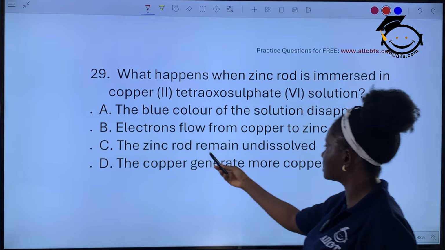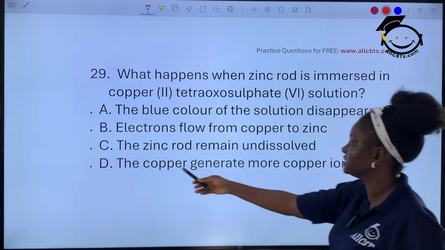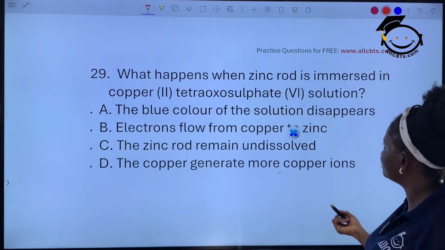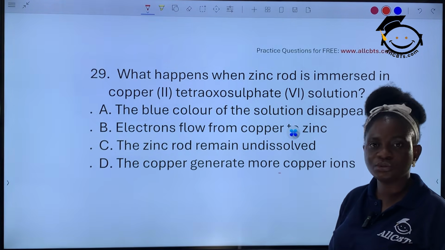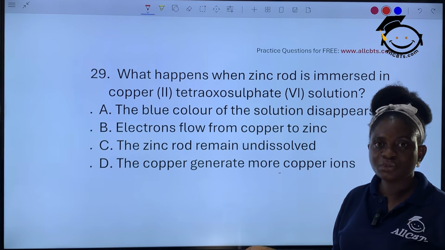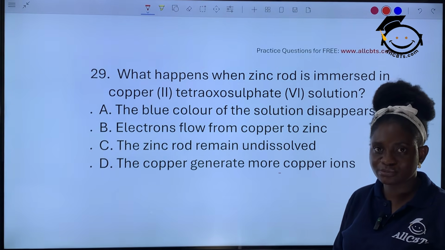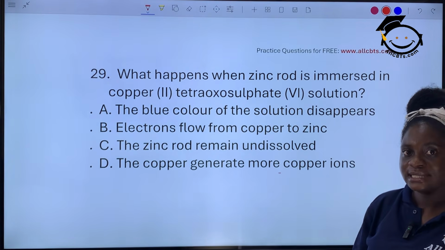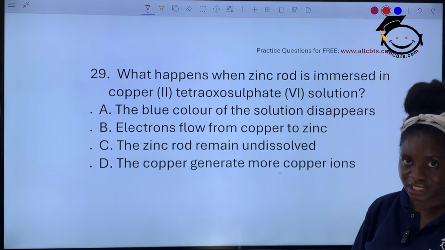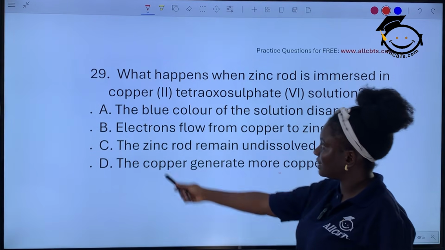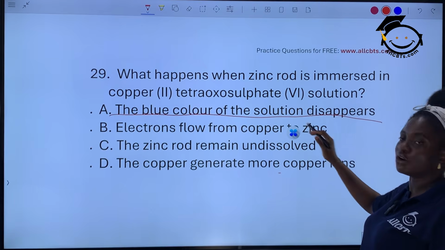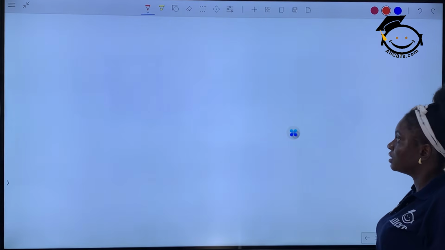C, the zinc rod remains undissolved. D, the copper generates more copper ions. So when you dip the zinc rod, the copper solution is blue, because copper has blue color. By the time you dip the zinc rod into that solution, the blue color disappears. So that means option A is the correct answer. The blue color of the solution disappears.